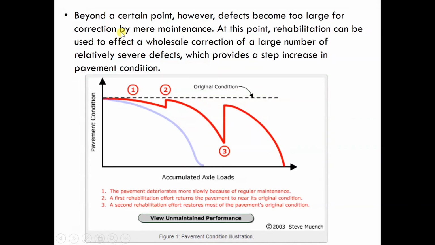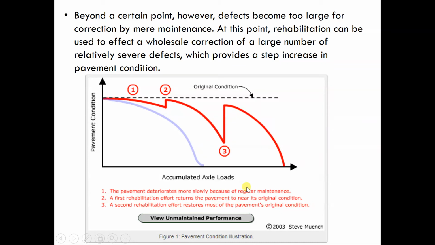Beyond a certain point, however, defects become too large for correction by mere maintenance. At this point, rehabilitation can be used to effect a wholesale correction of a large number of relatively severe defects, which provides a step increase in pavement condition.